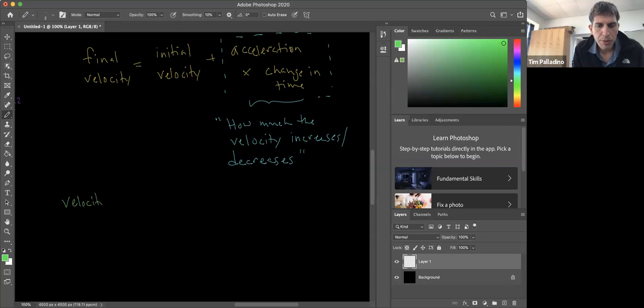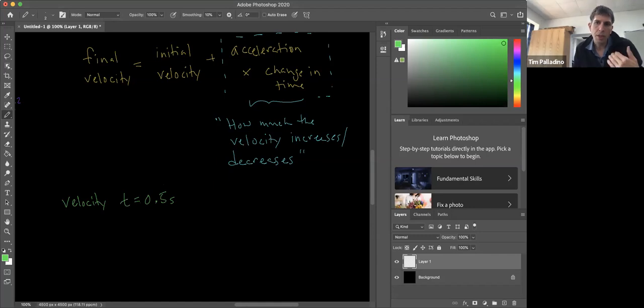Let's say the velocity at, I should say at, time t equals 0.5 seconds. So this is what we're going to try to find: the velocity when t equals 0.5 seconds.